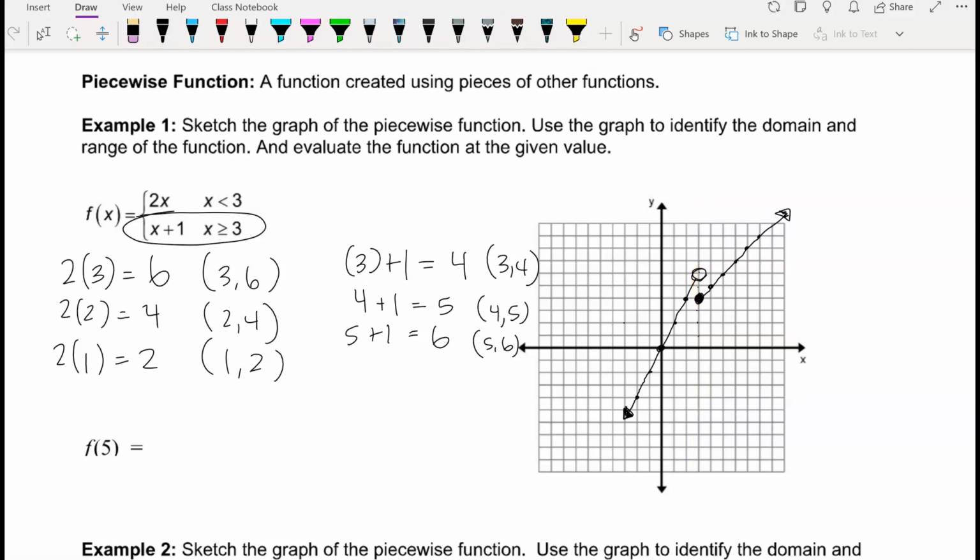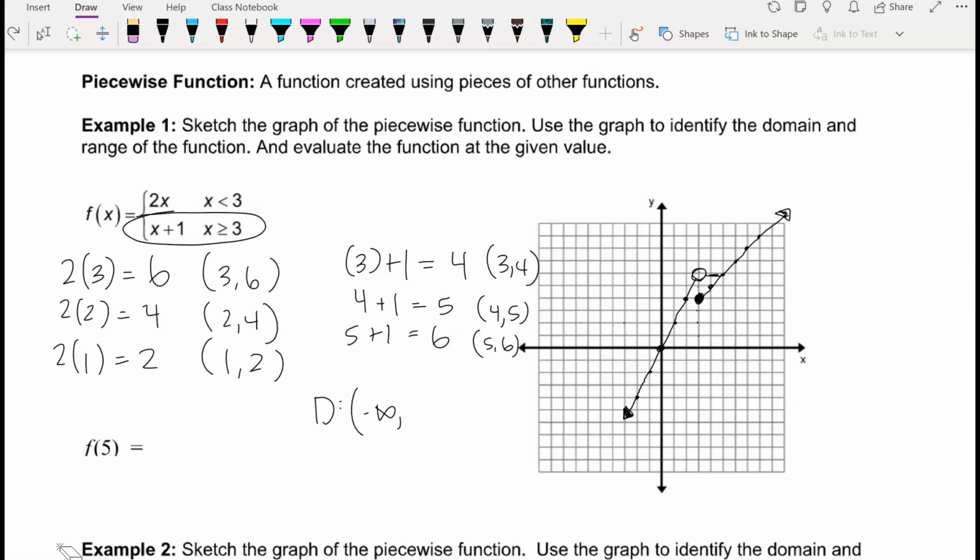All right, so our domain. The domain is going to be negative infinity to... oh, it erased it. So negative infinity to 2, and then we look: is our hole filled in? If we were to smash it into one line, there is a hole, and we fill in that value.